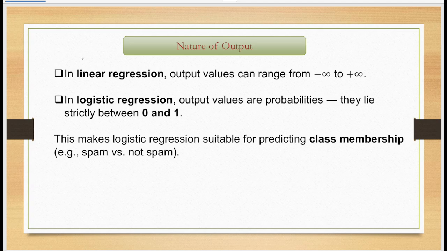The output value of linear regression ranges from minus infinity to plus infinity, whereas in case of logistic regression, the output is a probability, so it ranges from 0 to 1. This makes logistic regression suitable for predicting class membership, for example spam or not spam. So if you find a binary type of prediction like this, we use logistic regression.